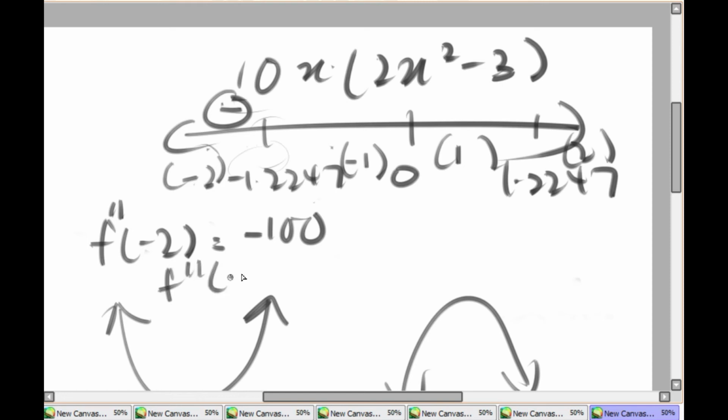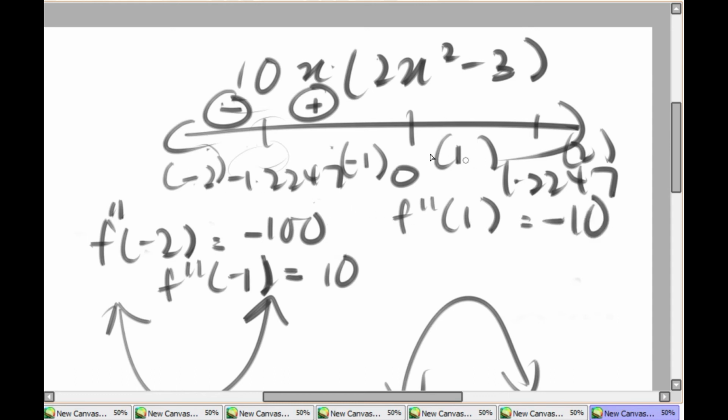If f(-1), it's 10. So this is plus. f(1) is -10. So it's less than either sides. f(2) is 100. So it's positive.